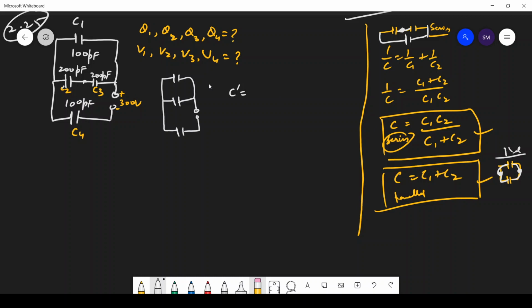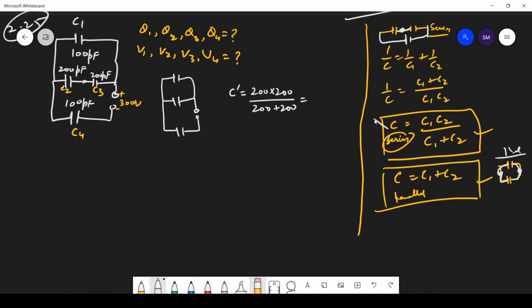So these two are in series, and they are equal, so 200 picofarad into 200 picofarad divided by 200 plus 200, right?